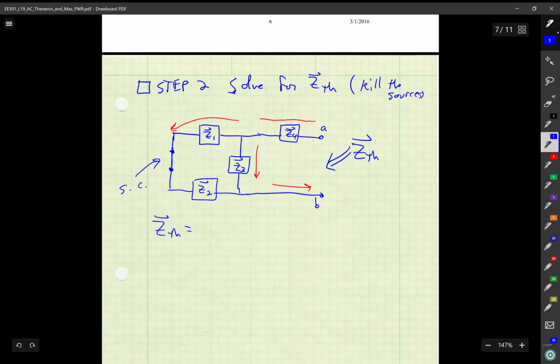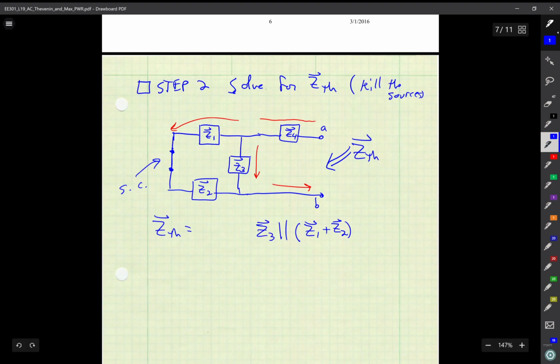So Z Thevenin would equal Z1 plus Z2. I'm going to go from the far end and work my way back to Z Thevenin. Those two in series are in parallel with my Z3.